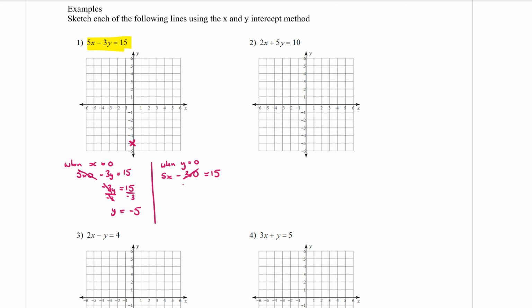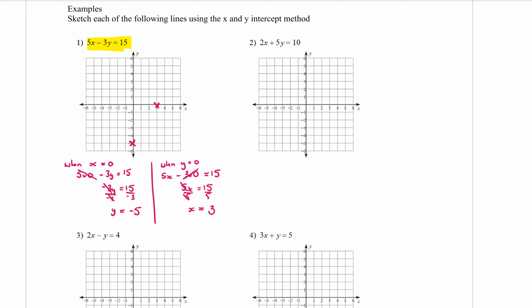So I have 5x equals 15, and I want the x by itself. So I'm going to divide by 5. X equals 15 divided by 5 is 3. So x is equal to 3, y is equal to 0 is right there, and they are the 2 points.